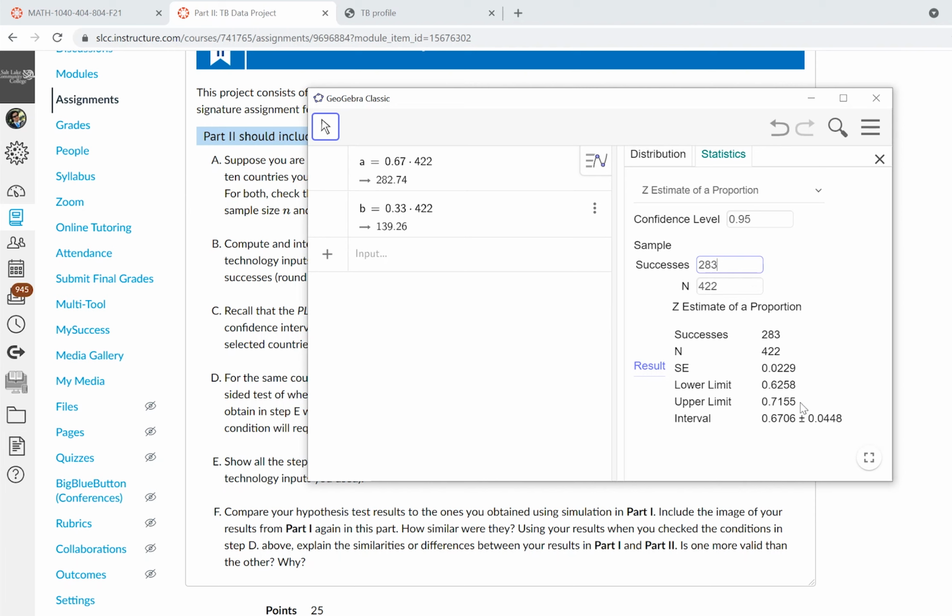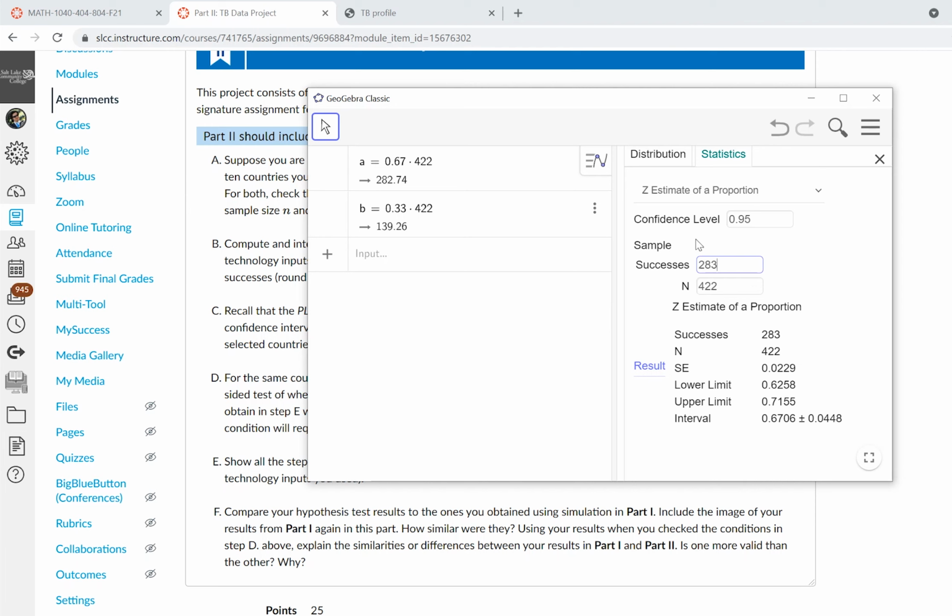This gives me a confidence interval that goes from 0.6258 up to 0.7155. Note that that is surrounding the point estimate, which was the success for Czechia of 67%. We even see the interval also demonstrated here, 67% plus or minus about 4 or 5%.